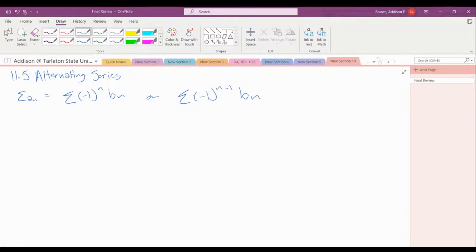Whenever we test for convergence and divergence with alternating series, we have two stipulations.